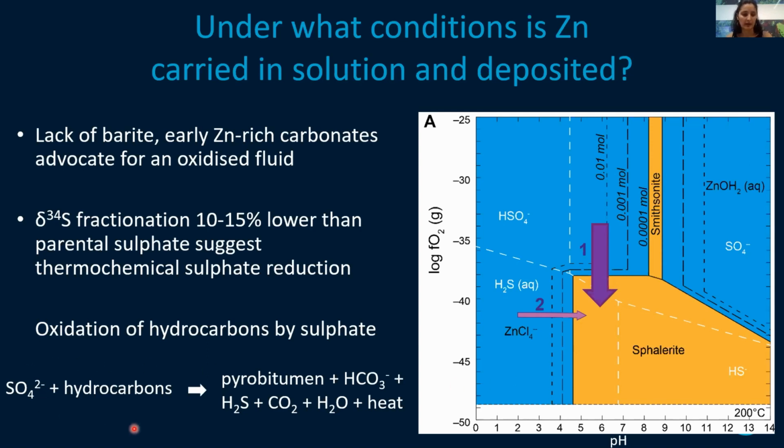And this is the reaction that occurs and that also allows the precipitation of carbonates. And depending on the metal cations that are available at the time, then there are different carbonate types that might precipitate, such as siderite, ankerite, and dolomite. And that could be one of the reasons that we have also different halos, among other reasons.